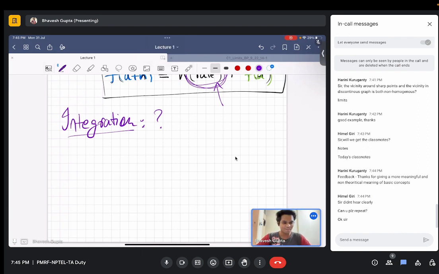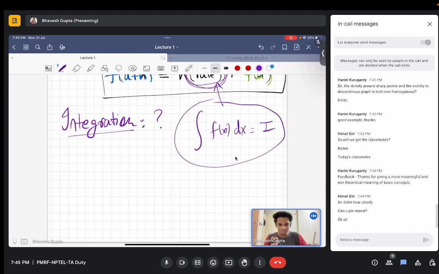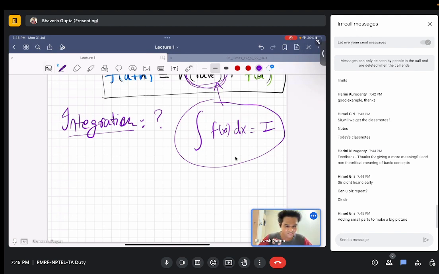We see this elongated S kind of symbol everywhere. What do you mean by this? Okay, mathematically I can see, this looks nice. But what is this trying to tell you? Because until you understand what it means, it doesn't matter what you do.